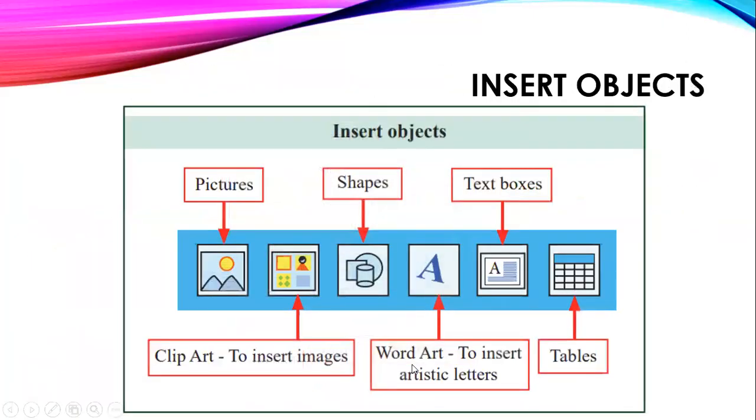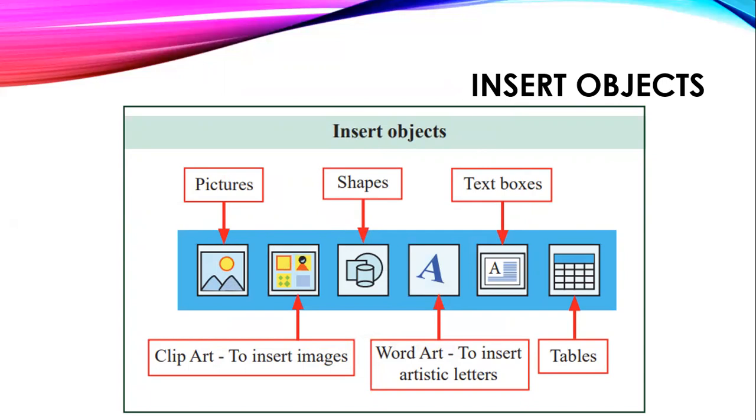Then to insert a picture, you can use this insert objects. You can use pictures from the clip art. Pictures from the internet are also possible now, and the shapes, then the text boxes.